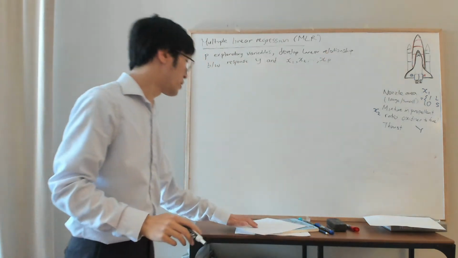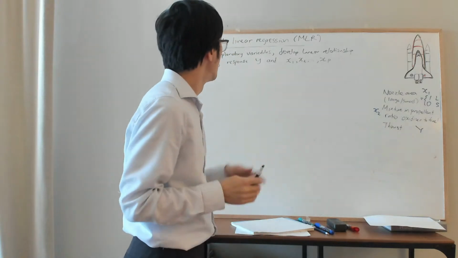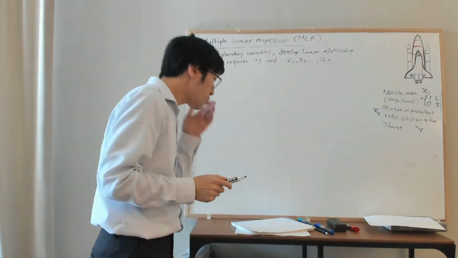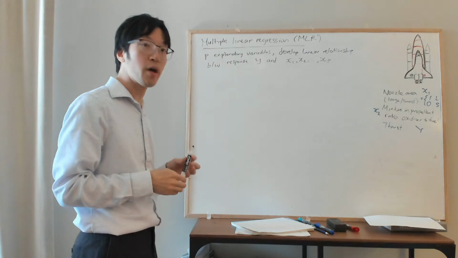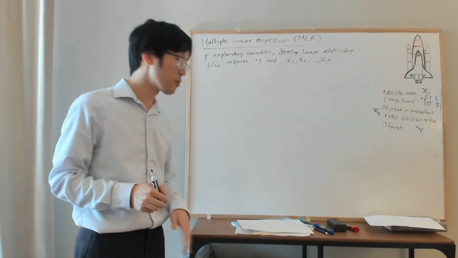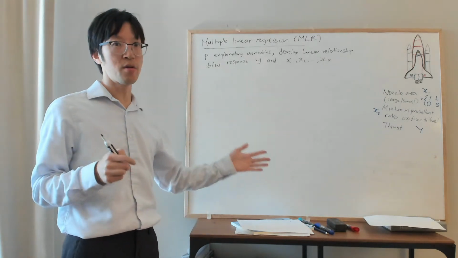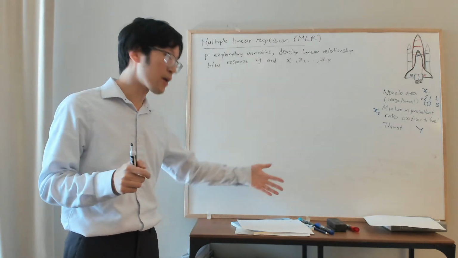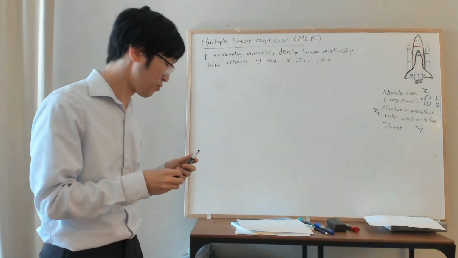We'll call p the number of explanatory variables. To do that, we need to generalize. This is why we started with the simple linear regression models, and now we're going to take that framework and apply it to multiple random variables.